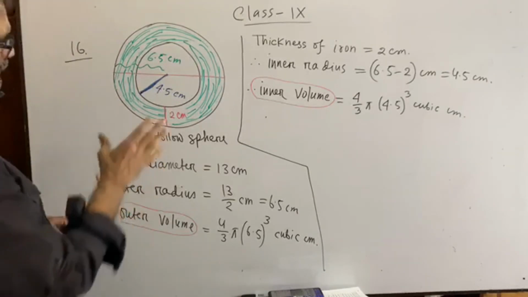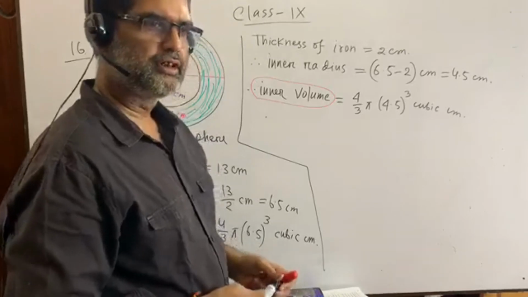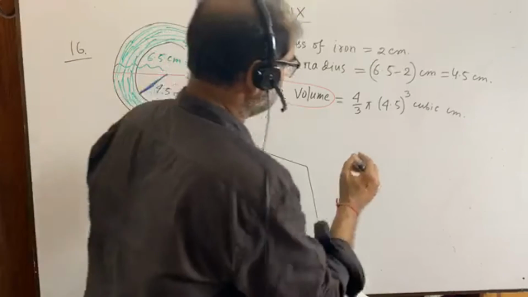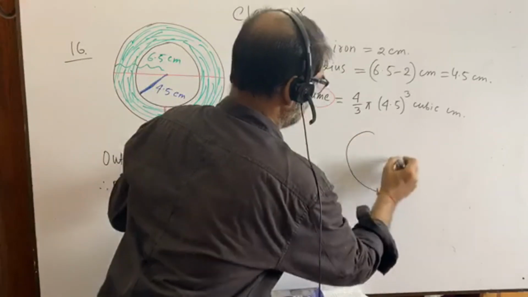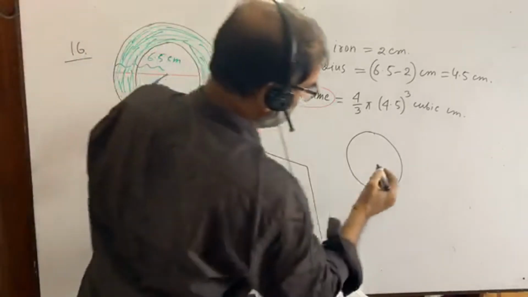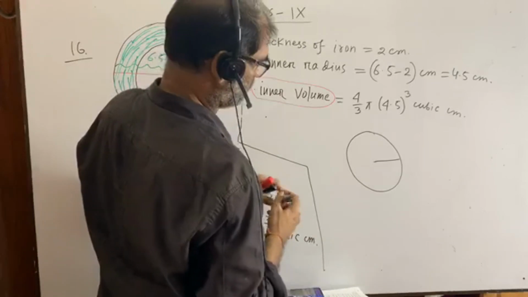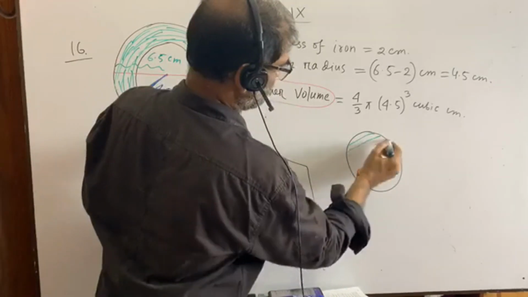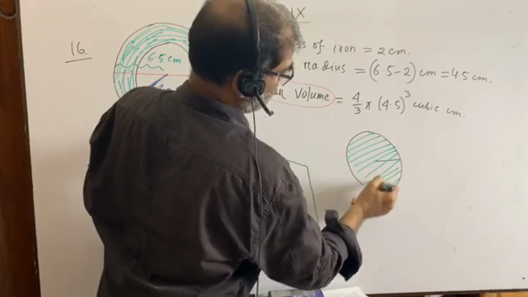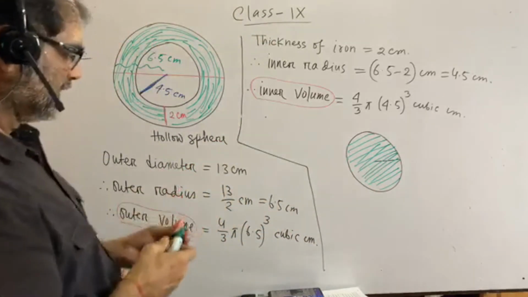By melting this hollow sphere, we will get a new solid sphere. You understand? Now a new solid sphere is to be made. It is a solid sphere. The question is, what is the radius?